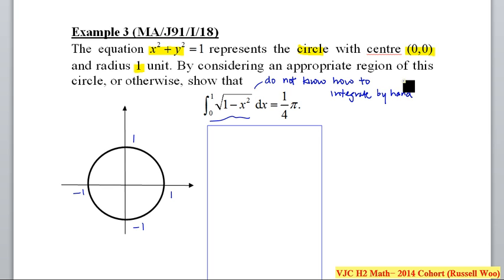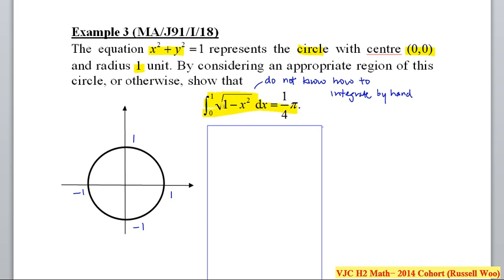You ask me to give 3SF, I will be able to give you because I have limits. I just enter into GC, but we don't know how to integrate by hand. So integrating by hand to show this result is out. We can't unless we are given some help. So now we cannot integrate by hand. We still want to show this result.